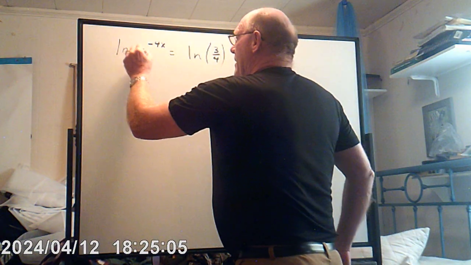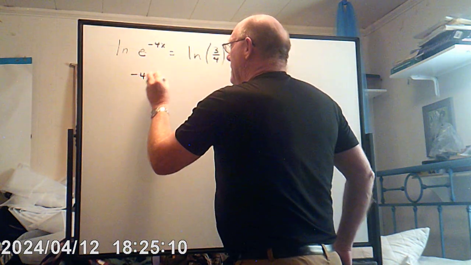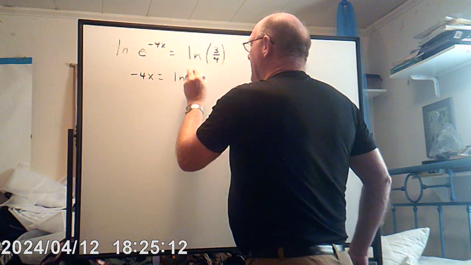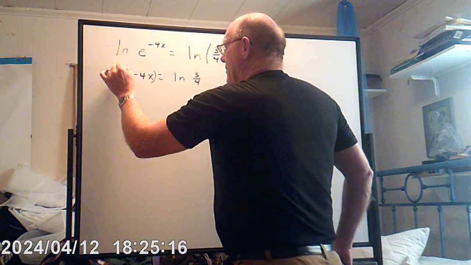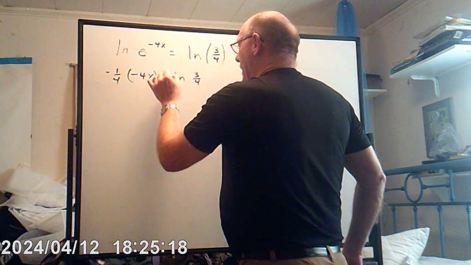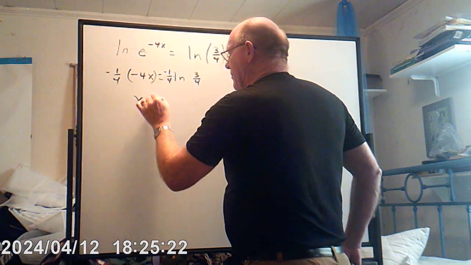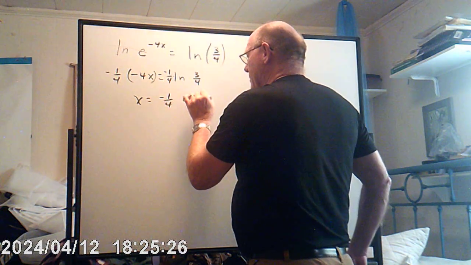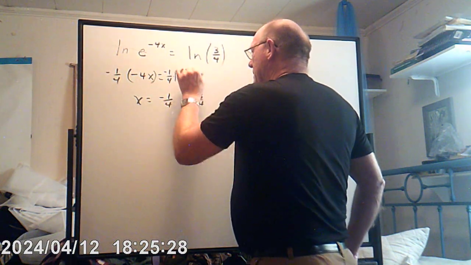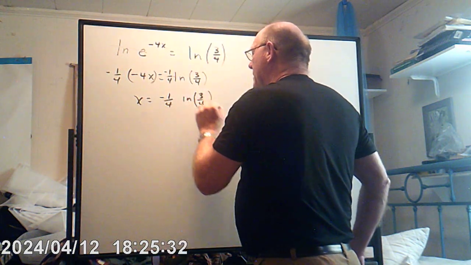So now the ln and e, just bring it down to -4x is equal to ln 3/4. Multiply both sides by -1/4. Alright, -1/4 on this side. So x is equal to -1/4 ln 3/4. Okay, that's going to be okay right there.